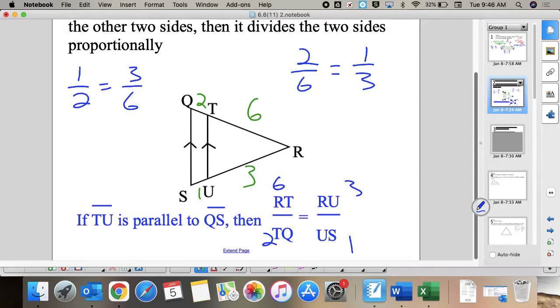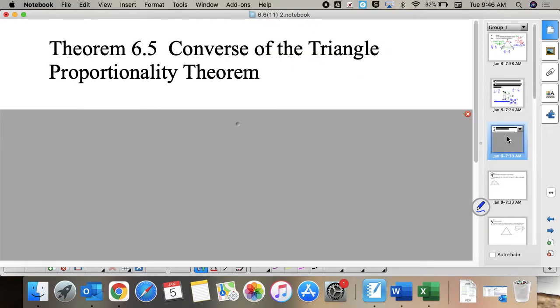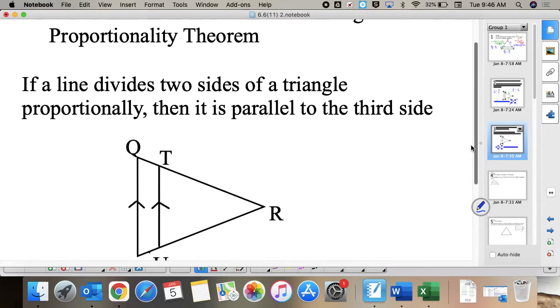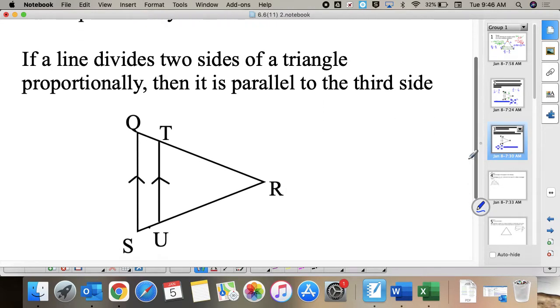Now, as I was saying, the converse will be true also. We can tell if these lines are going to be parallel or not based on whether their sides are proportional. If a line divides the two sides of a triangle proportionally, then it will be parallel to those two sides.